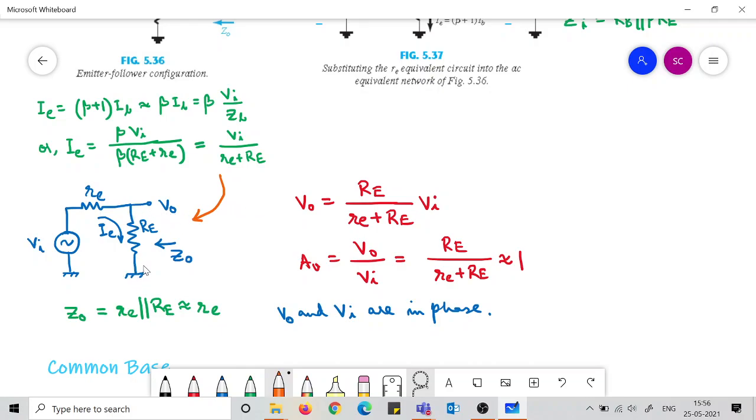So V0 is capital RE by small re plus capital RE, times Vi, the input voltage. So AV is nothing but capital RE by small re plus capital RE, and since small re is quite small compared to capital RE, this is almost equal to 1, and less than 1, of course.